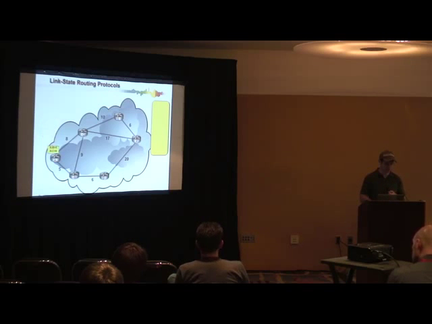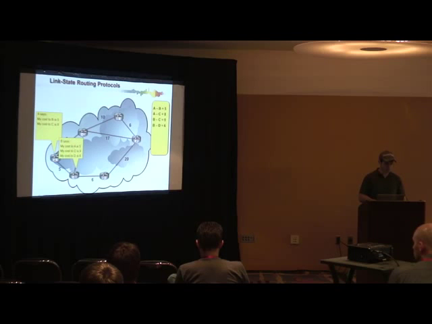And it builds an update, and it ships that out all of its interfaces towards all the other routers that are in the IGP. And those routers receive that update, and they flood it out of all of their interfaces as well. So router B sends it to C and D, C sends it to E, F, and B, E sends it to F, D sends it to F, and you start populating the routing table on F. So F now knows the cost to get from A to B is 5, the cost to get from B to A is 5, the cost to get from A to C is 5, and from C to A is 5.